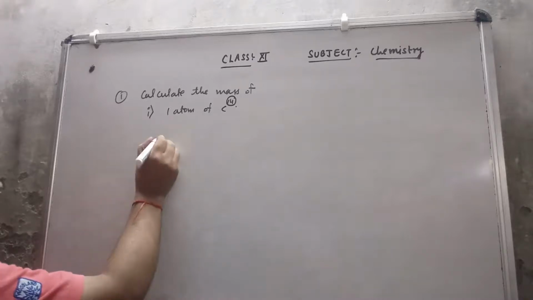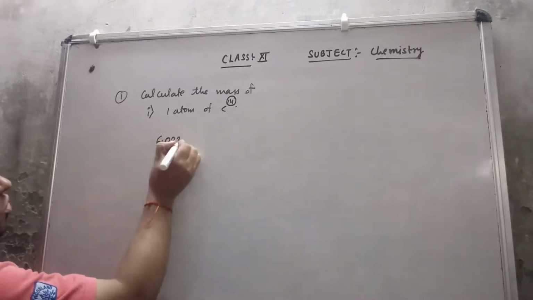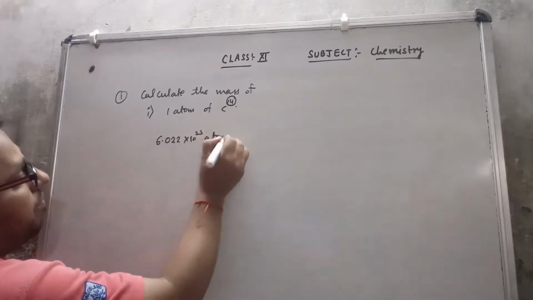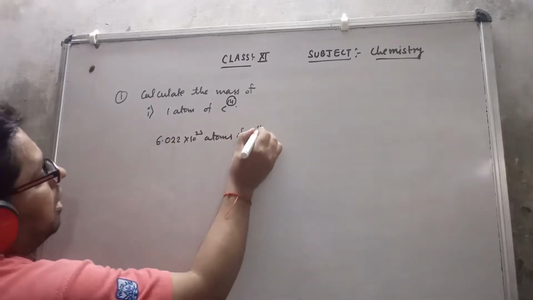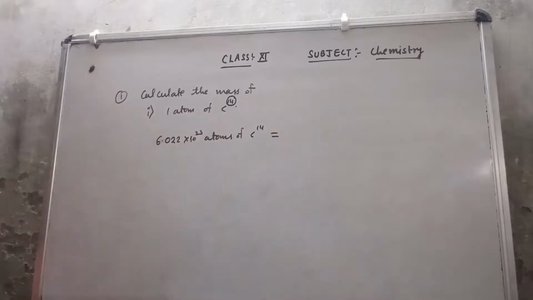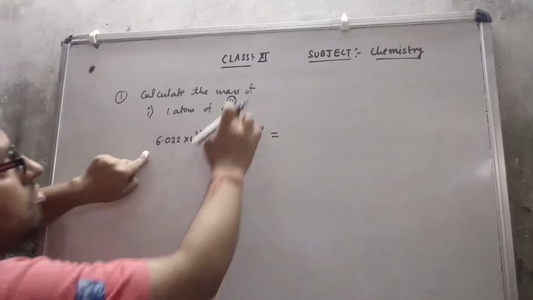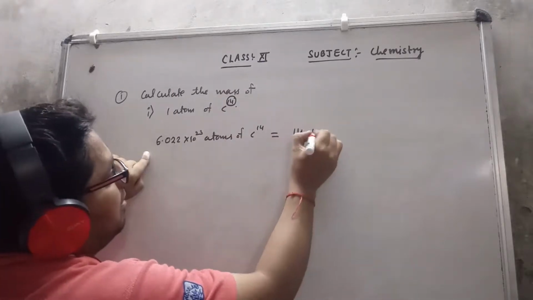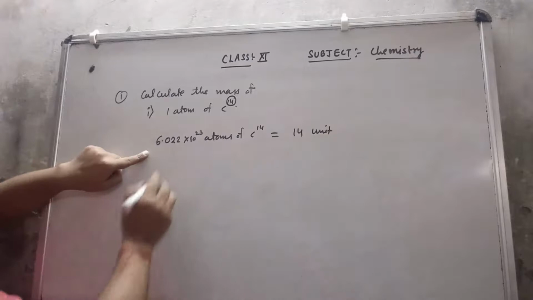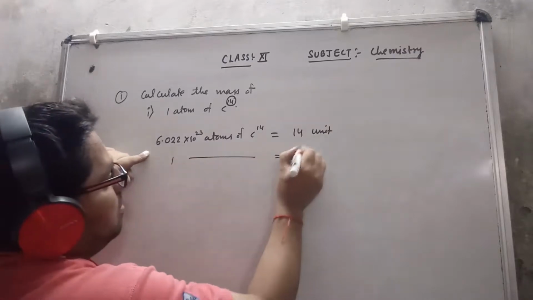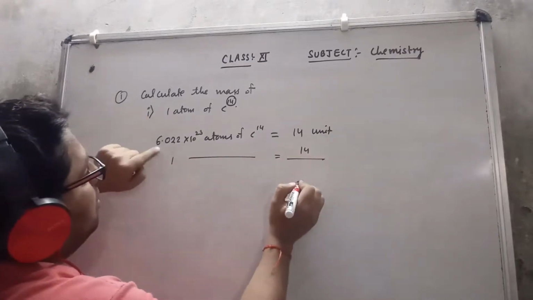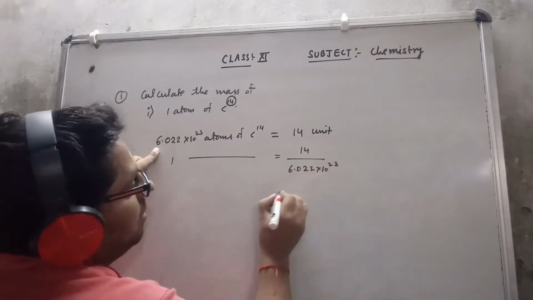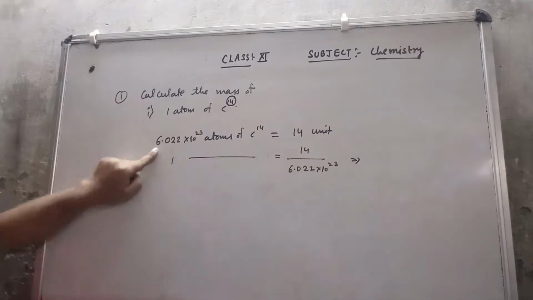So the Avogadro number, 6.022 into 10 to the power 23 atoms of carbon 14, how much mass is there in that many atoms? Whatever its atomic mass is, this is 14 unit. So one atom contains how much? This is 14 upon 6.022 into 10 raised to the power 23. You solve it, then you get the answer.